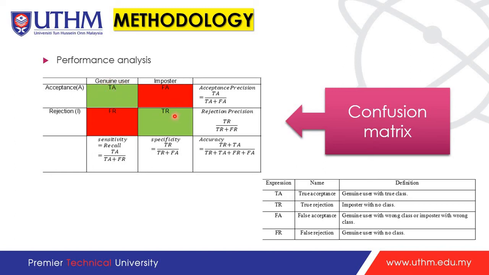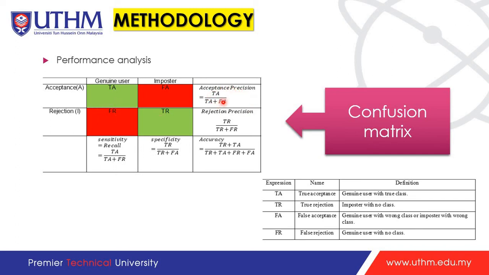If an imposter was rejected by the system, this is a true rejection. If an imposter was accepted by the system, this is a false acceptance. And if a genuine user was rejected by the system, this is a false rejection.